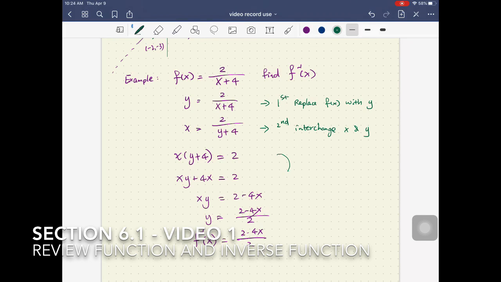The following few steps are to solve for y. I want y to equal something in terms of x. And the last step is, since I replaced f of x with y, to replace y with f inverse of x.